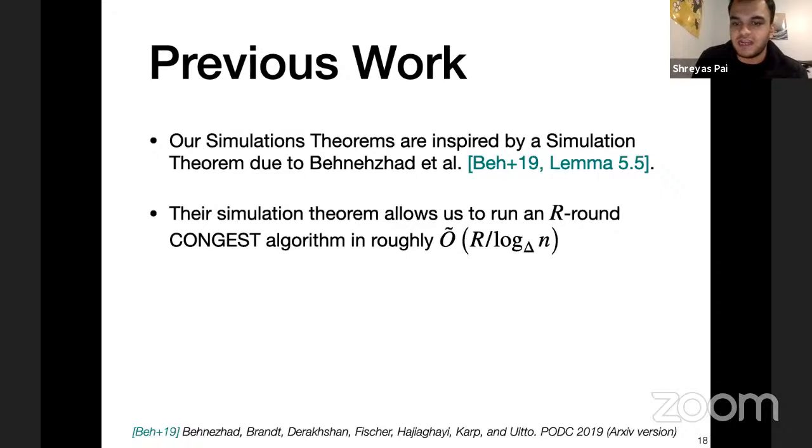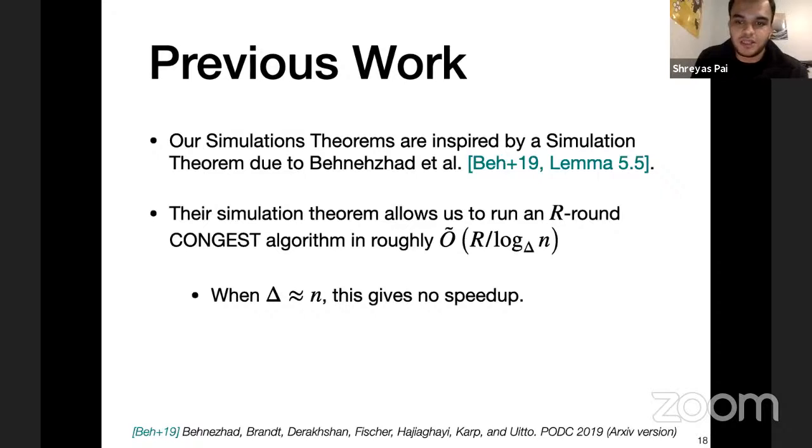So notice that if you simulate log n base delta hops, let's say you simulate epsilon log n base delta rounds of the CONGEST model, then a ball of radius L will have size n to the epsilon, because it's delta raised to epsilon log n base delta.